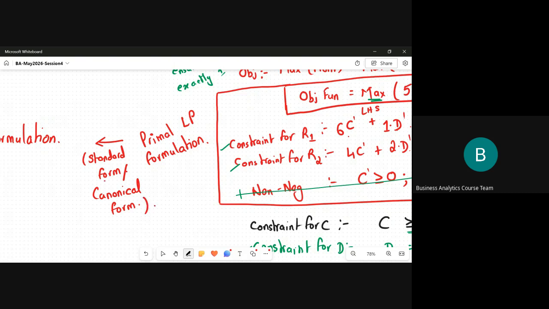Whatever we refer to as canonical or standard form is the same meaning in this course, but there is a slight difference. We will not go into it. In this beginner level course, you must convert your primal to that form and then do the dual formulation.